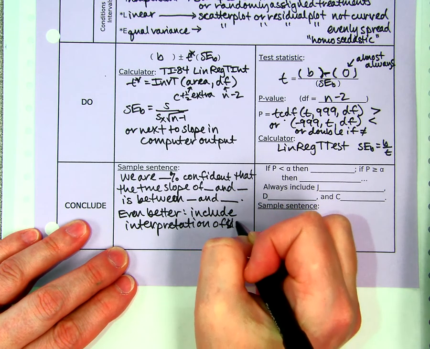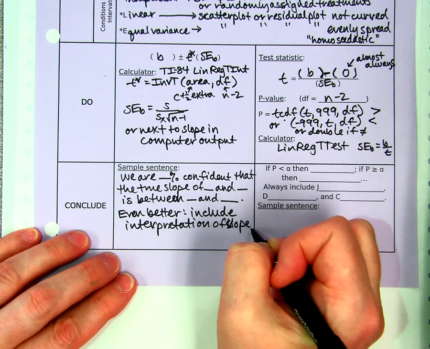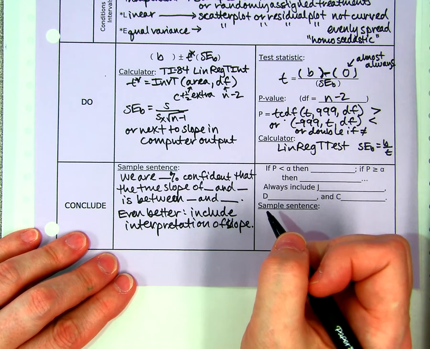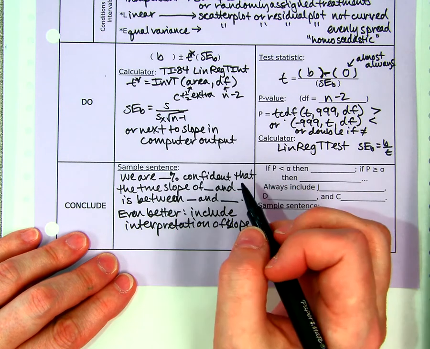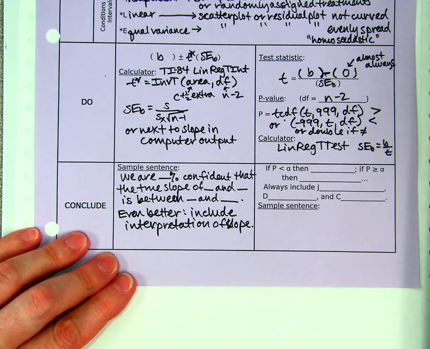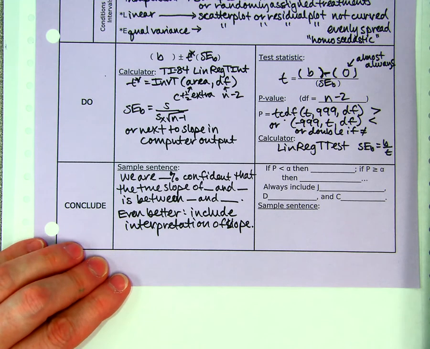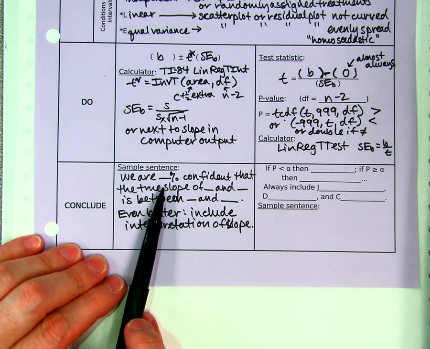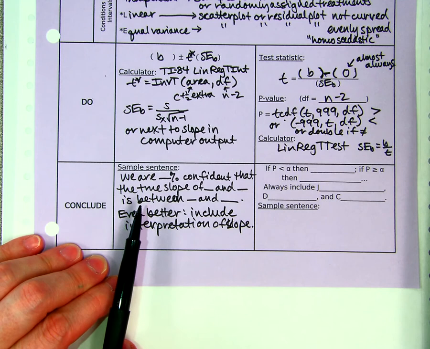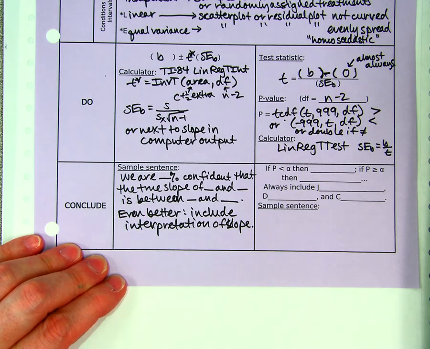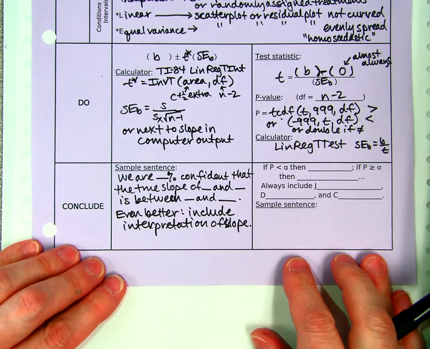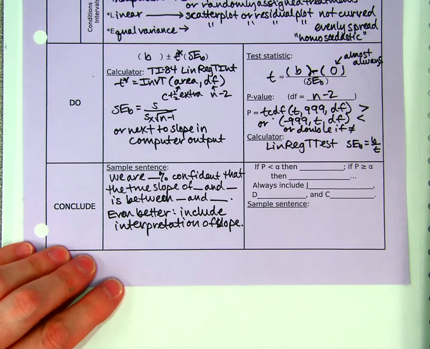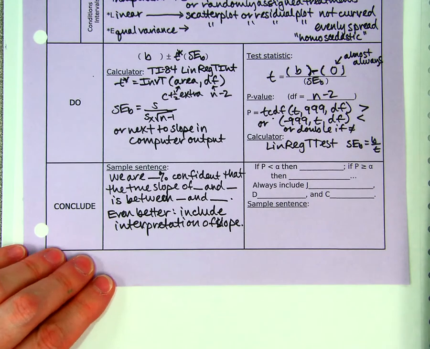So if you think back to the one where we did the scores on the final versus the row number, you could say we're this confident that the true increase or decrease in score for each row is between this and this. Or with the helicopters, you could say we're 95% confident that the true time it takes to fall 1 foot would be between this and this. So that would be including the interpretation of slope. Extra bonus for people listening to me and not just writing this down.